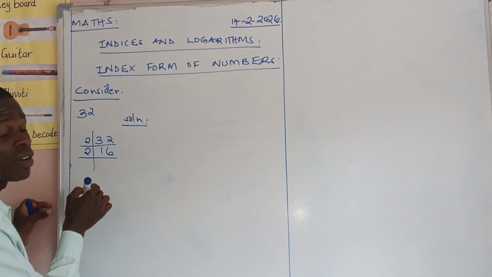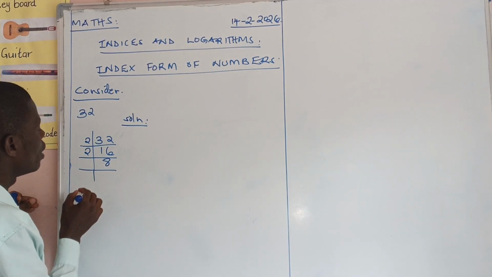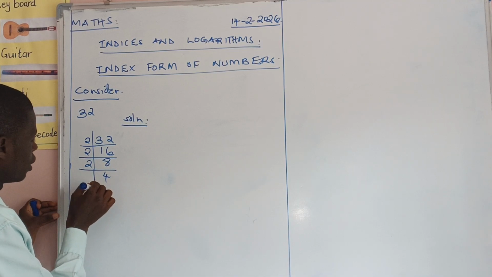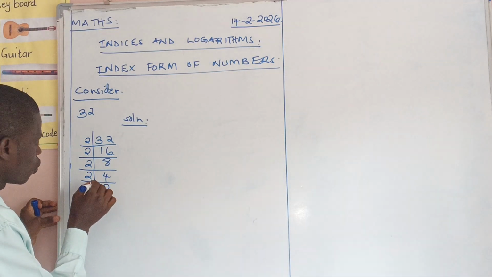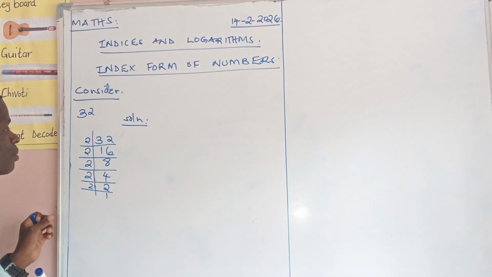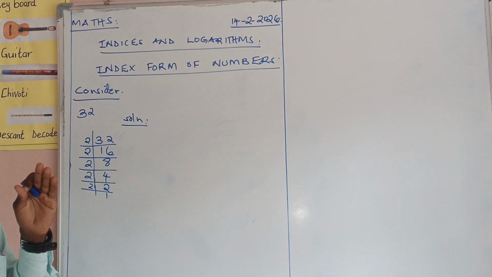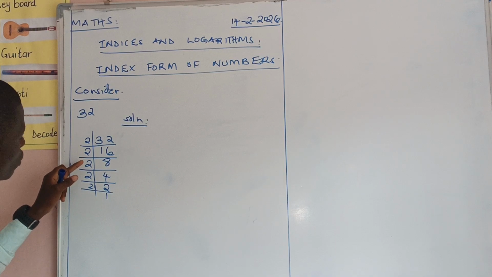So 2 divides 16 how many times? 8. The next, 2 divides 8 how many times? 4. The next, 2 divides 4 how many times? 2. Then 2, 1.